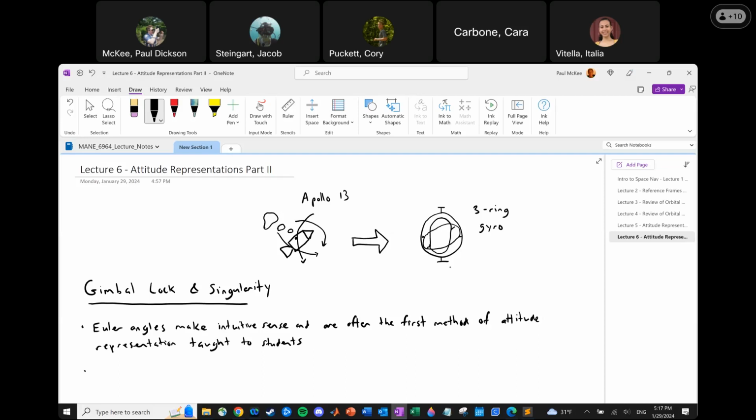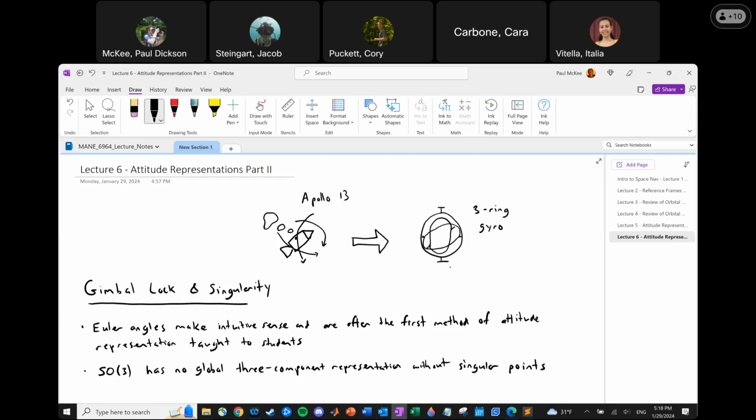Now, we have an issue here, and this is a mathematical issue, is that members of the special orthogonal group 3, SO3, which includes attitude transformation matrices, SO3 as a group has no global three-component representation without singular points.